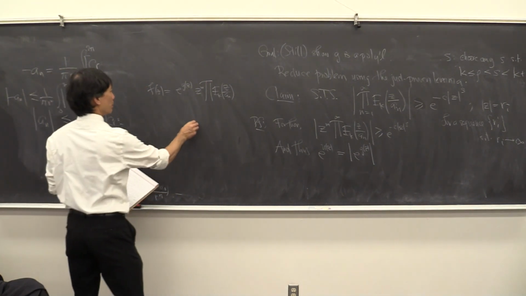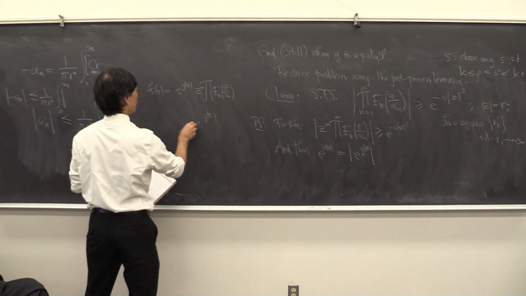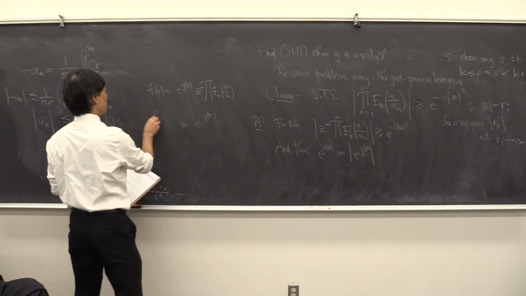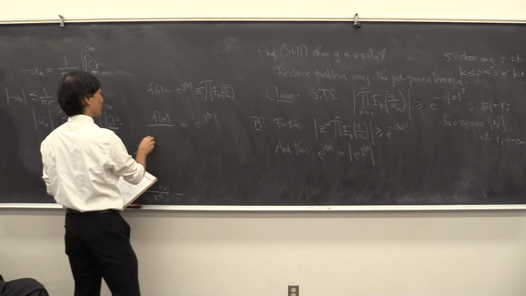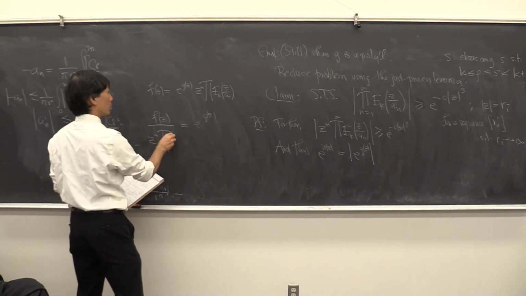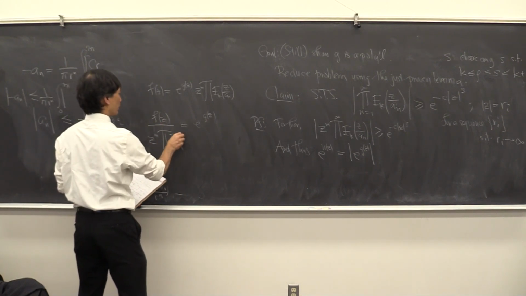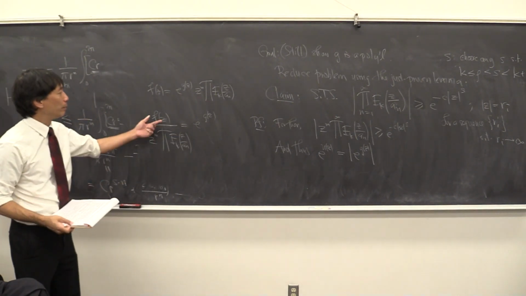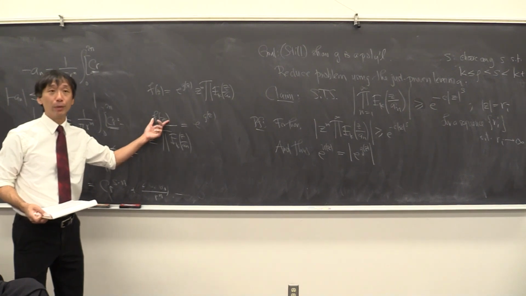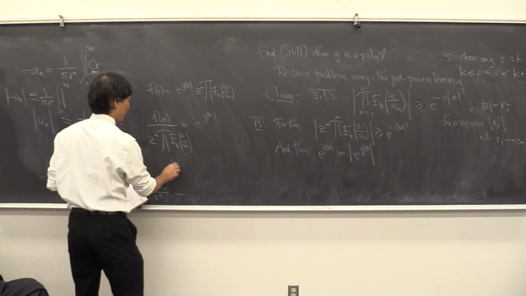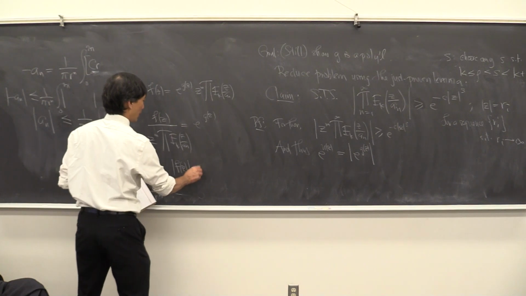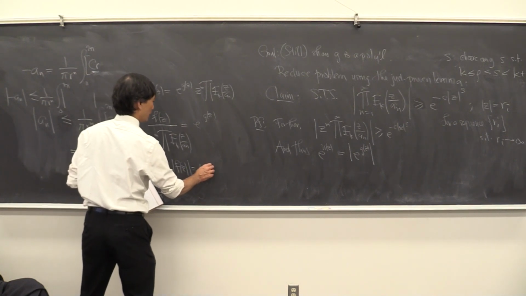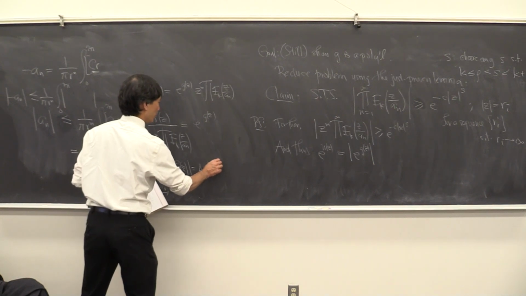So of course, this is equal to this over that. But we know that f is of finite growth, so f is controlled by some a e to the b z to the rho.